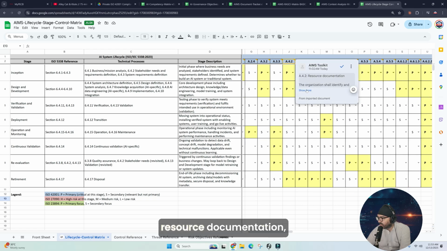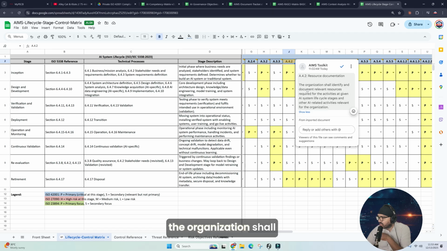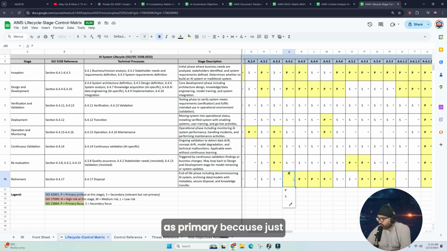8.4.2, if we click that, resource documentation: the organisation shall identify and document relevant resources required for the activities at given AI system lifecycle stages and other AI-related activities relevant for the organisation. And this is listed as primary because, like, a system's on its way out, it doesn't mean we shouldn't document that at all.